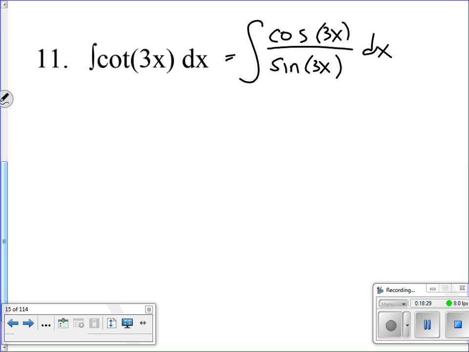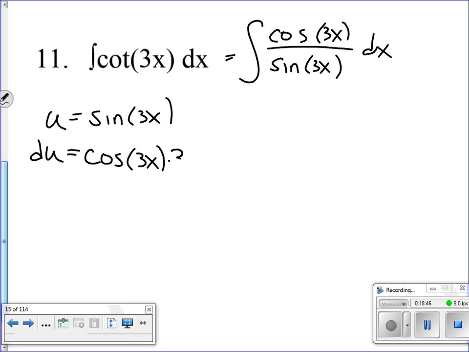Once you do that, now you can just let the denominator be your u. u equals sine of 3x. Remember, going from u to du, if u is a composition of functions, use that chain rule. So du is cosine of 3x times 3 dx.